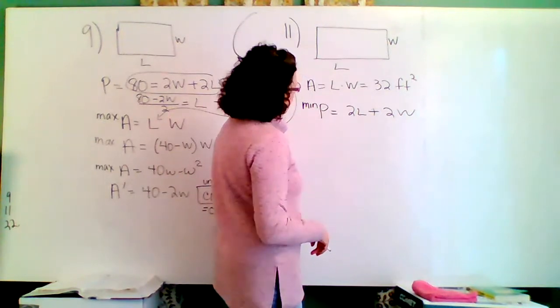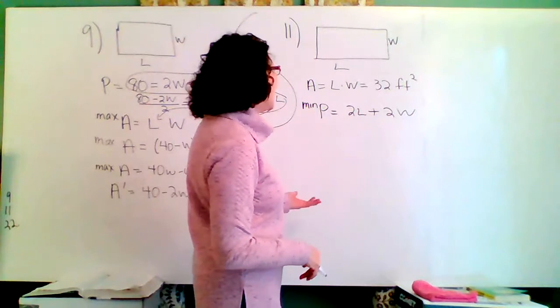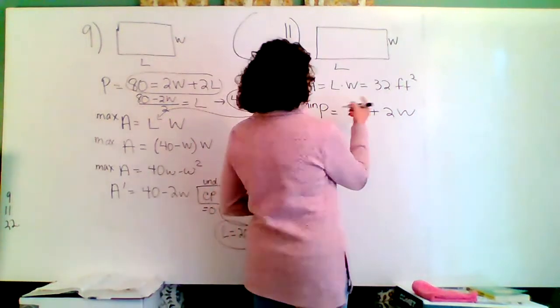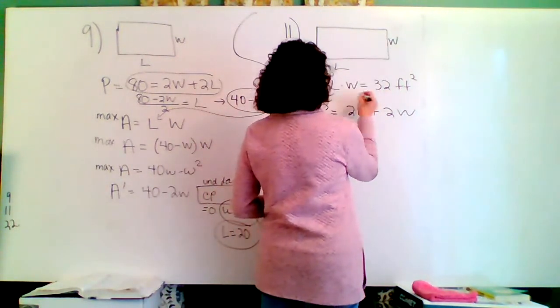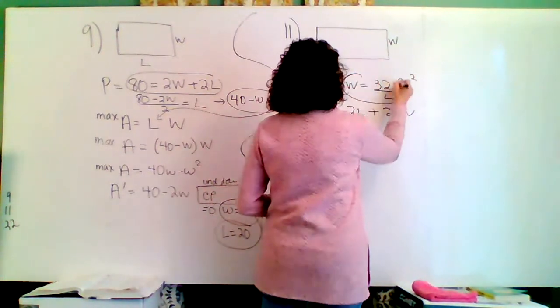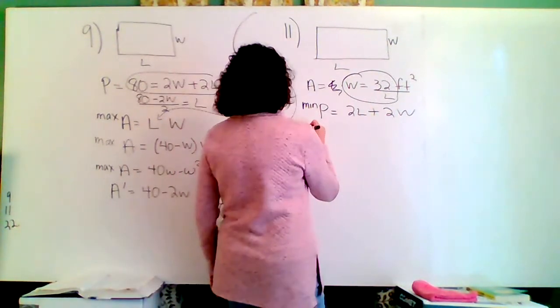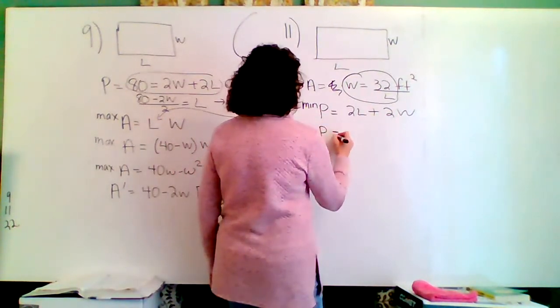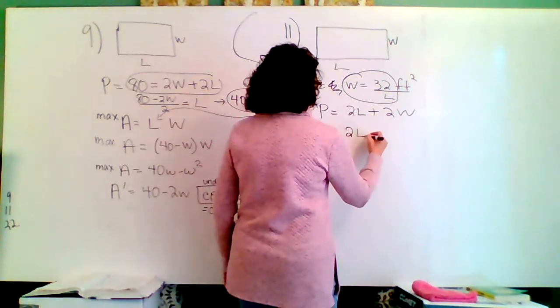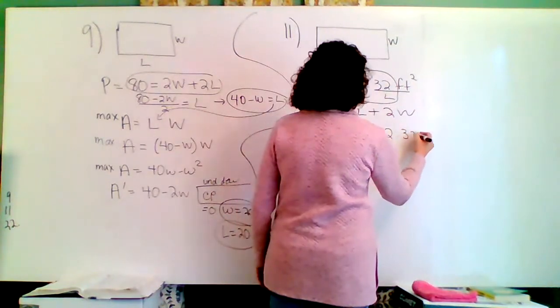I have 2 different variables here, so I'm just going to get the W alone. I will divide both sides by L, so that way I can make this substitution that W equals 32 over L. So let's go ahead. So I only have one variable, 2L plus 2, and my W is 32 over L.